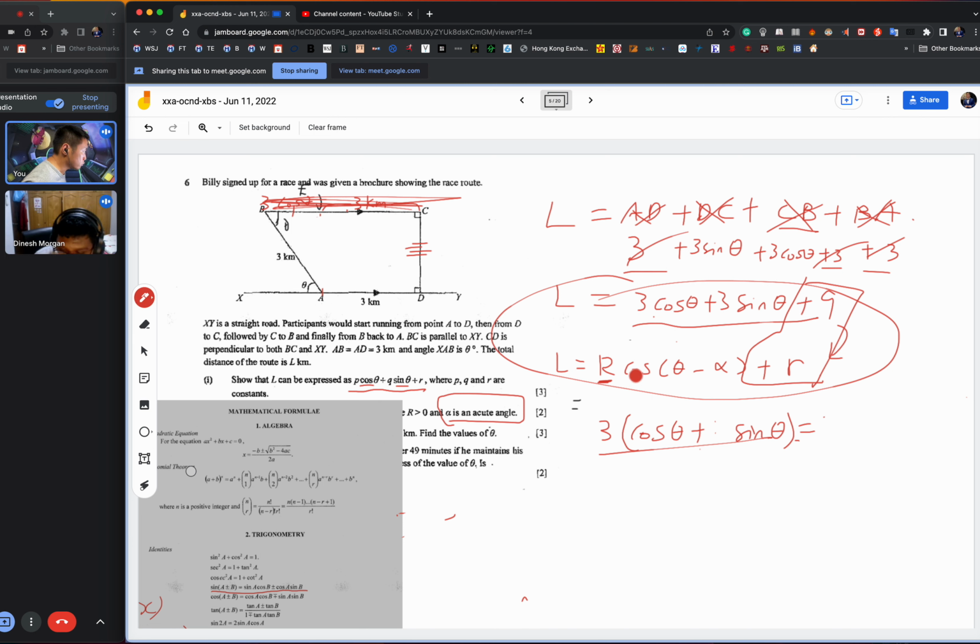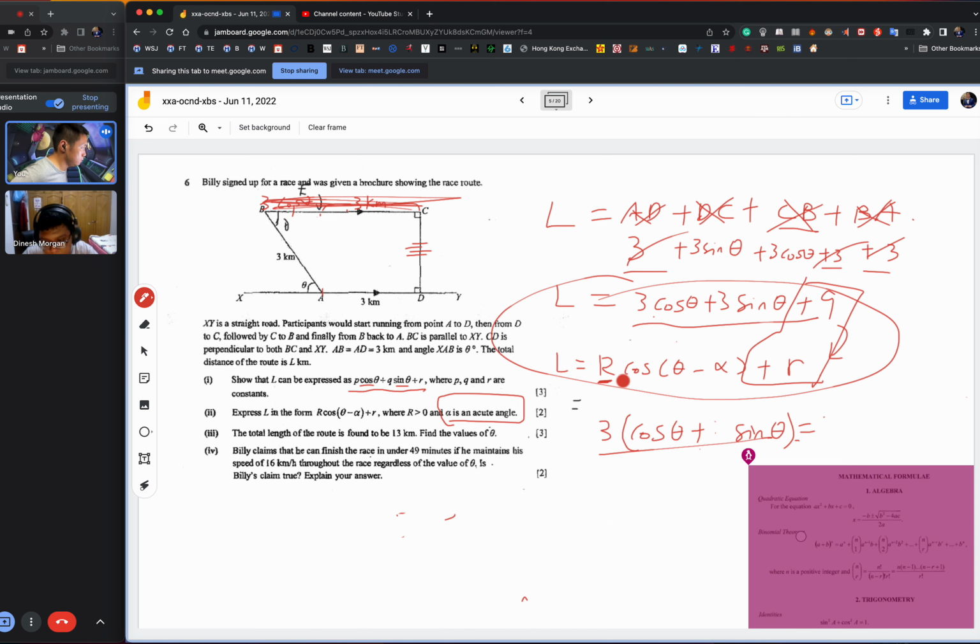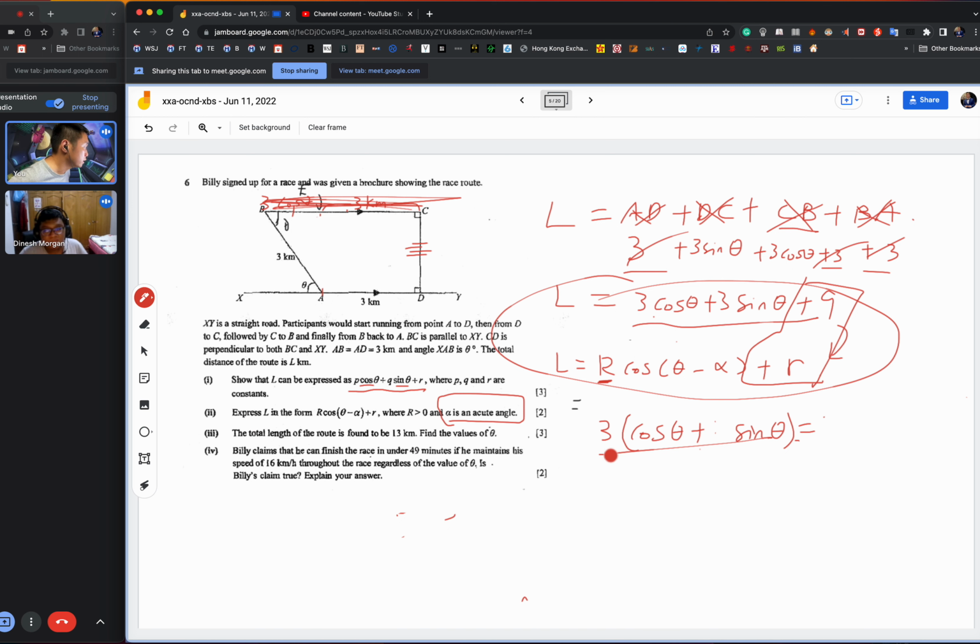Okay, let me get it out first. Let me not get rid of the r, and let me not get rid of the 3. I'm supposed to get r cosine theta cosine alpha, minus sine theta, minus is plus, so sine alpha, right?